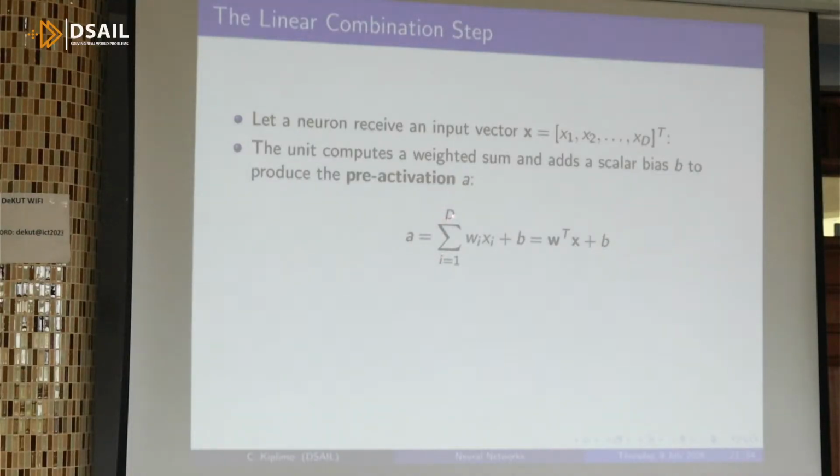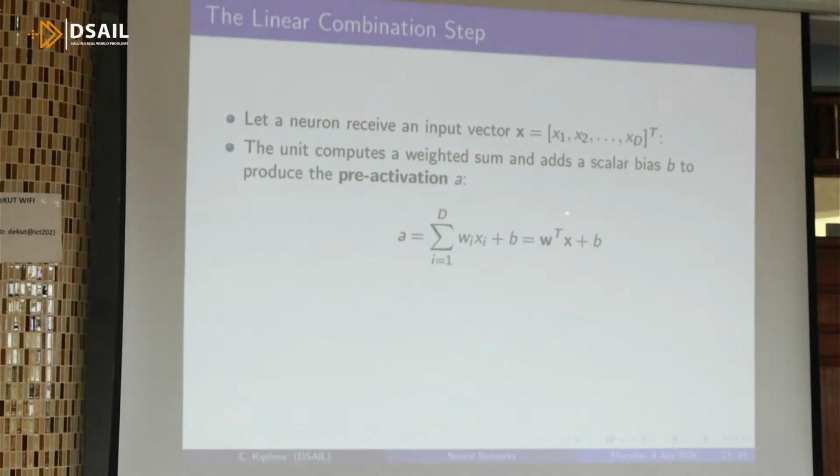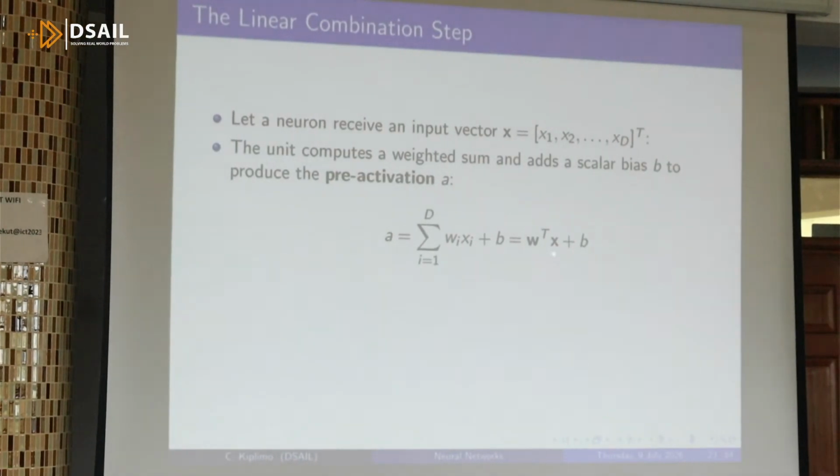You can think of this as a summation, but when we are doing computations like this in a computer, rather than representing it as a summation, we represent it as a dot product of the weight vector and the input vector, W transpose x plus b. This is a linear operation.